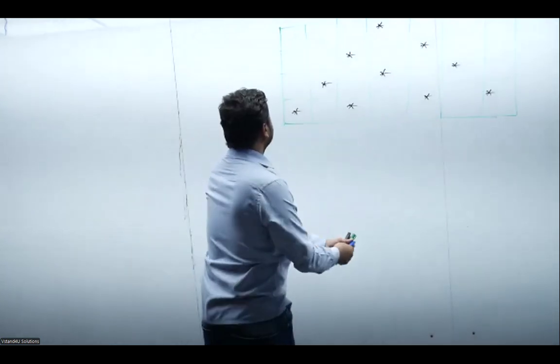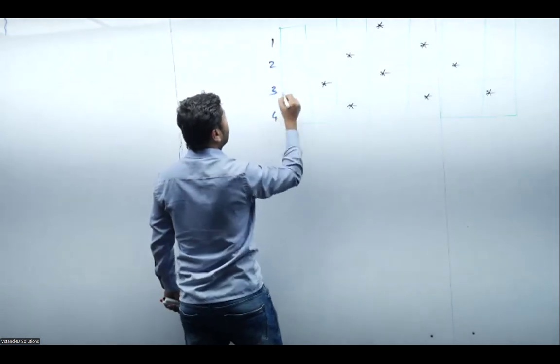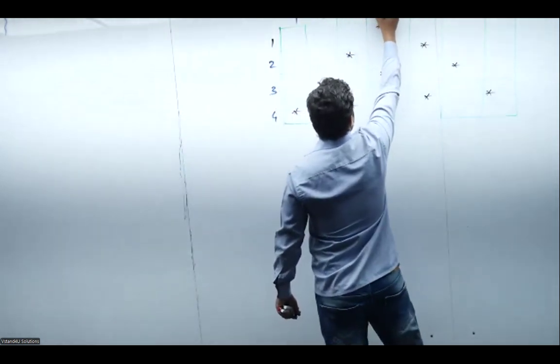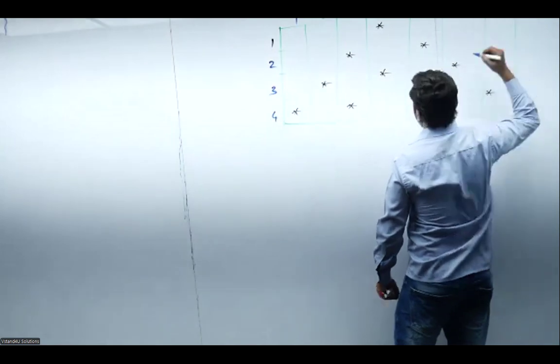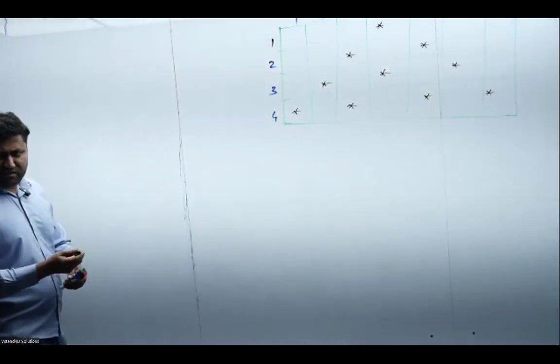Numbering fatafat. 1, 2, 3, 4. 1, 2, 3, 4, 5, 6, 7. This is how the structure was. And can I write the conditions directly? Pretty much comfortable, na? Ready?